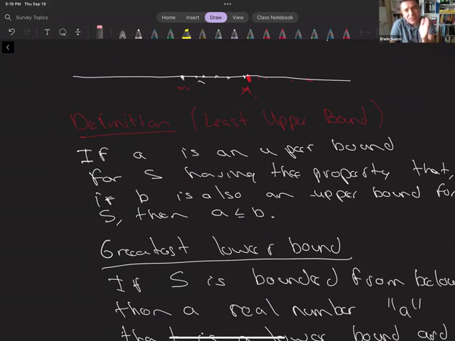If you have a sequence of numbers, when we talk about limits, which is what we're going to talk about today, this sequence of numbers is going to converge to a point of the real numbers. And that's not the case for rational numbers.